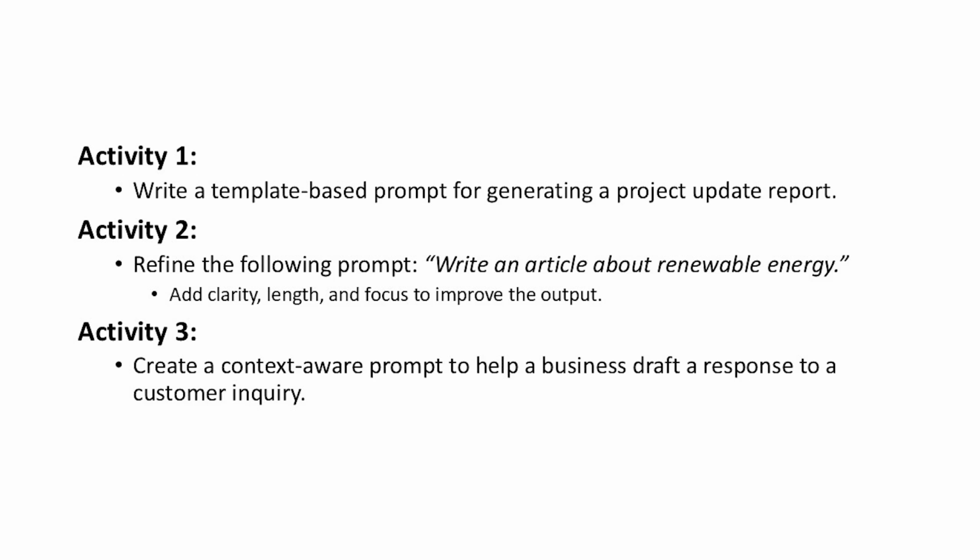The third activity is to create a context-aware prompt. Your task is to write a context-aware prompt for a business scenario, such as drafting a customer response. For example: you are a customer service representative. Write a polite response to a customer inquiry about a delayed order.